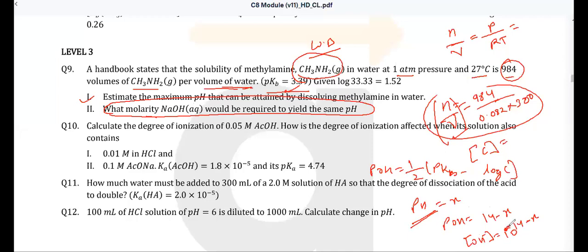This would be the concentration of NaOH because it is a strong base. Right everyone? Tell me, yes or no?